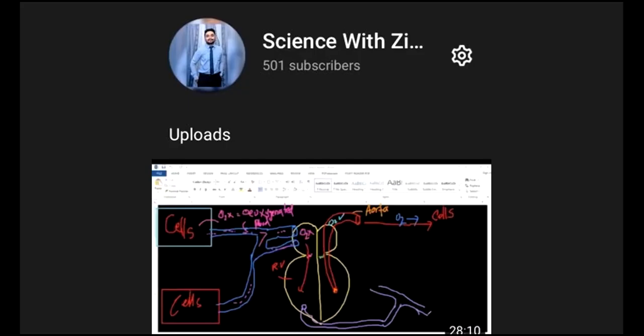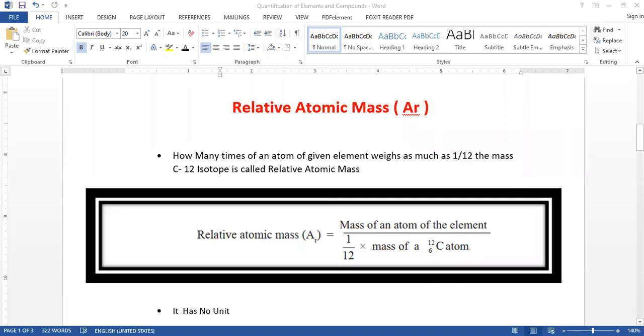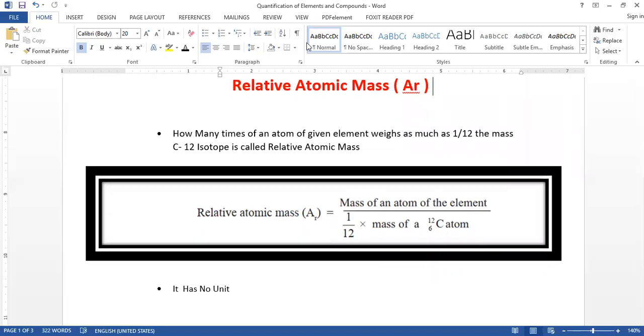Let's move to notes, then you can understand clearly. Now see, this is the next very important one. Every time in your question they will give something like this: identify the correct relative atomic mass equation.